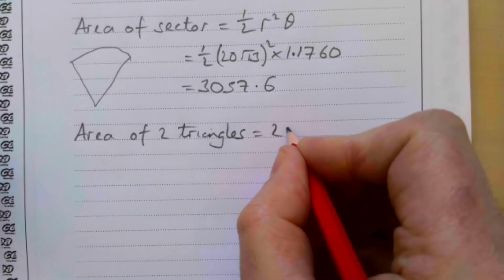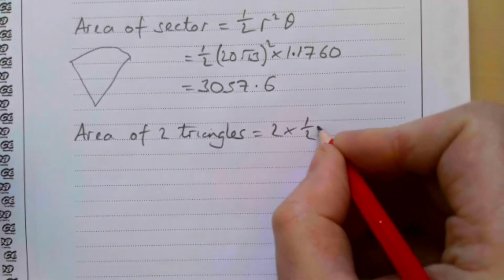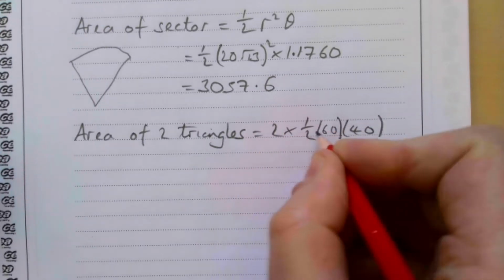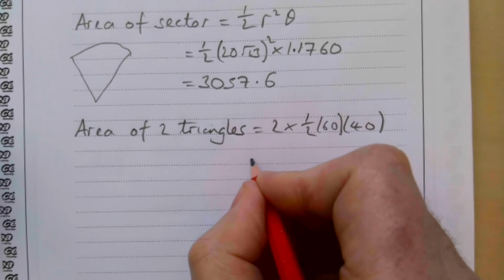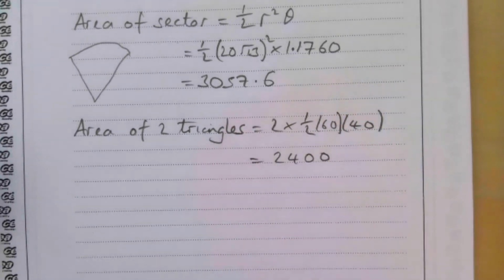So it's going to be 2 times a half BH. Obviously 2 times a half cancels itself out. The 60 times the 40 gives us then 2400.